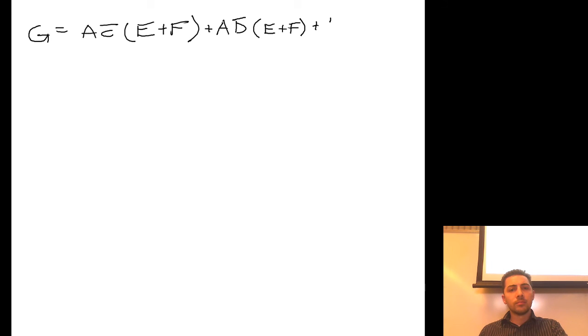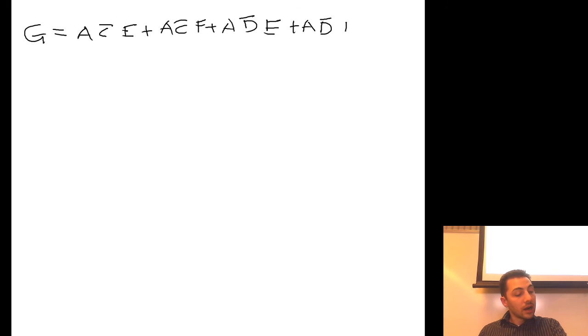Oh, hold on, nope, try again. I'll get there, I promise. Okay, A, C, sorry guys. A, C bar, E, or A, C bar, F, or A, D bar, E, or A, D bar, F, or B, C, D, E bar, F bar.